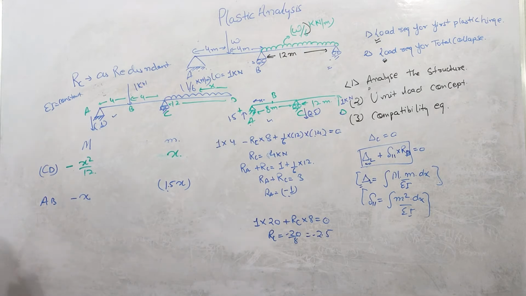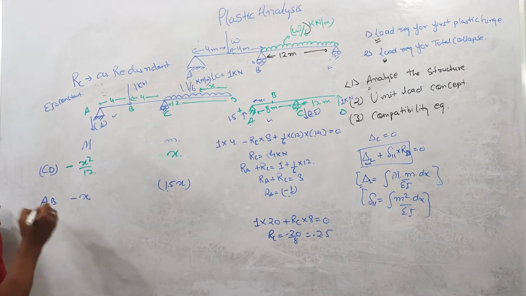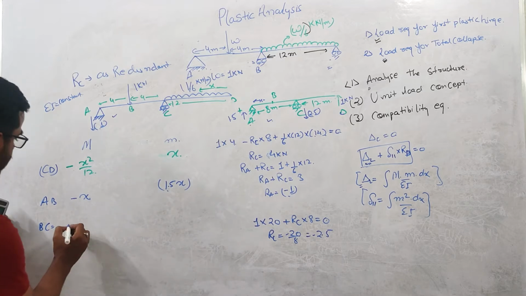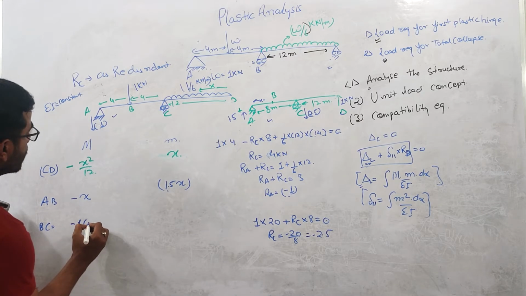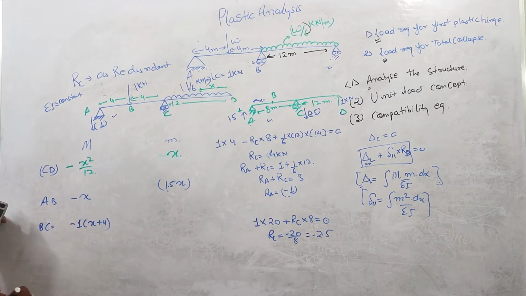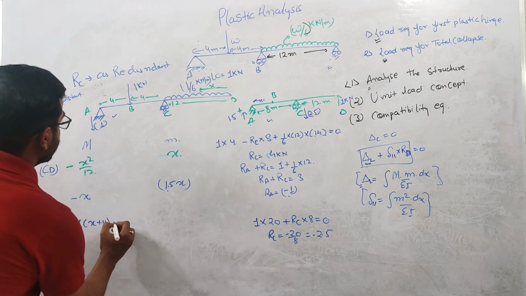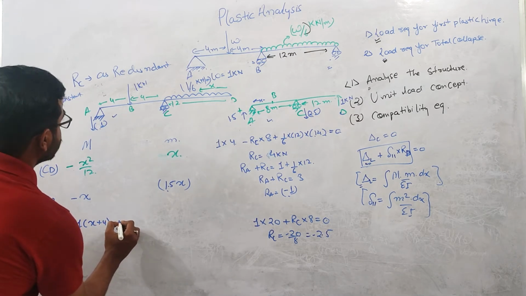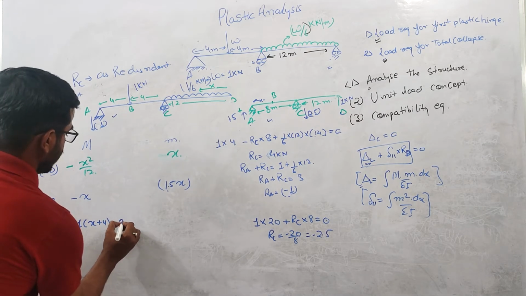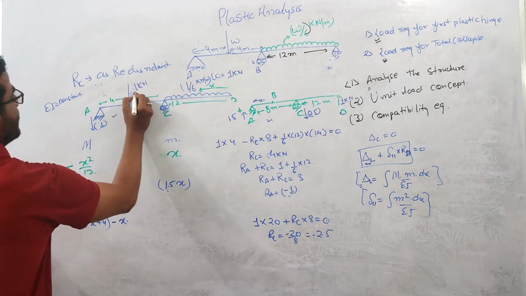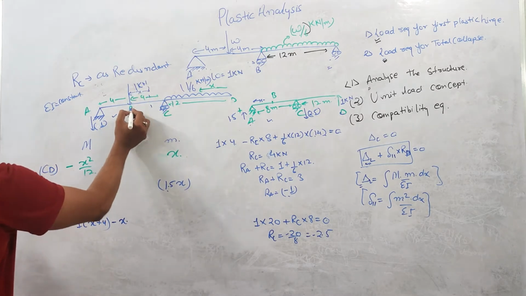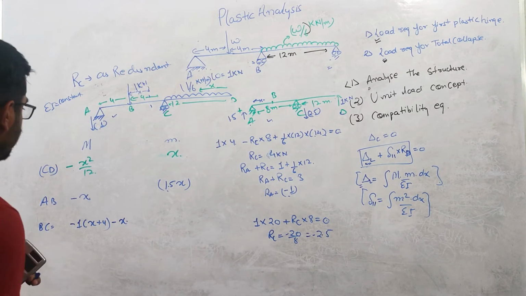So now let's come to this BC portion. Okay. So for the BC portion, I can write minus 1 into x plus 4. Okay. And minus this is 1 into x. Okay. And I am taking x from this, from B. Alright.